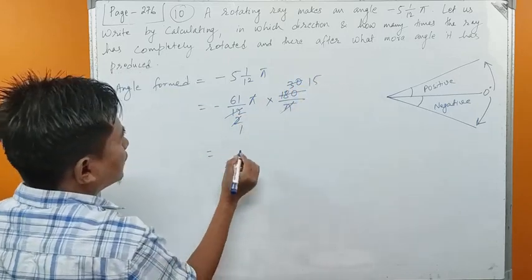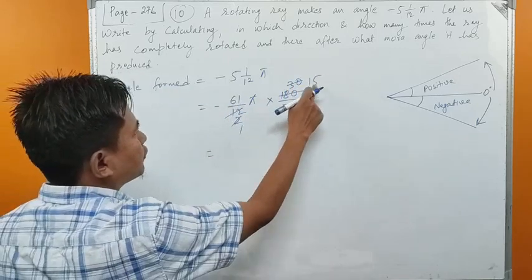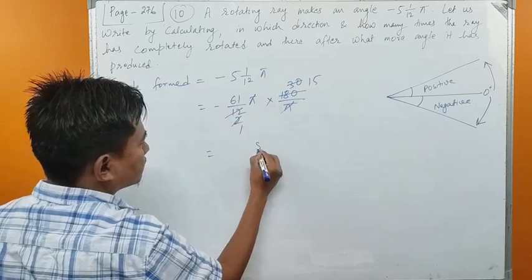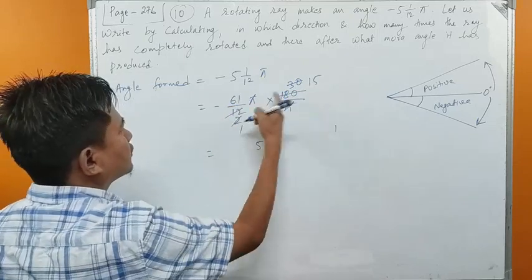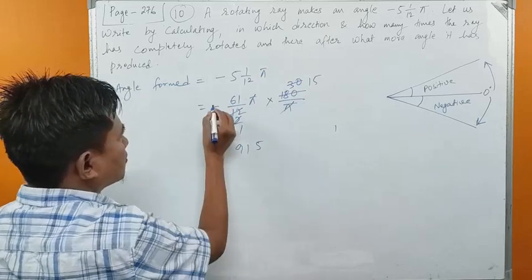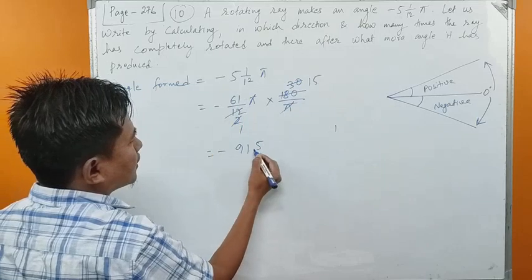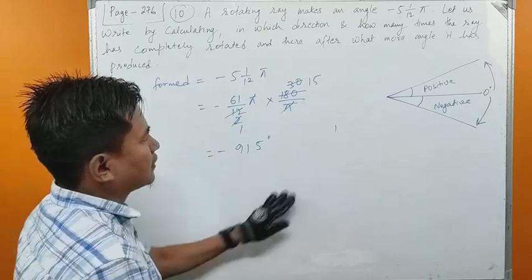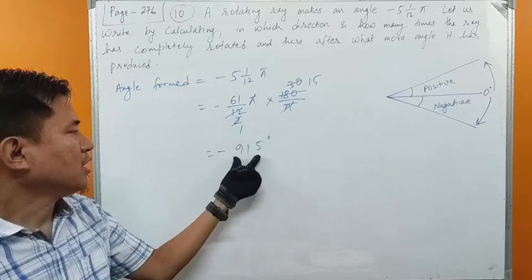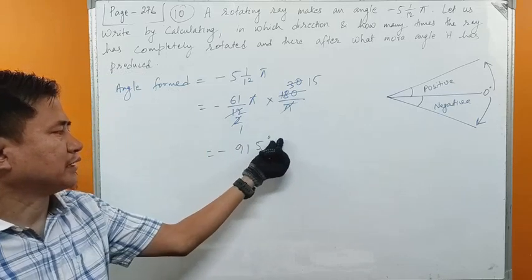Now we have 61 into 15. So 15 1s are 15, 5, 1 in hand, 15 6s are 90, plus 1 is 91. So we have minus 915 degrees. This is the sexagesimal value, which we got by multiplying with 180 by pi.